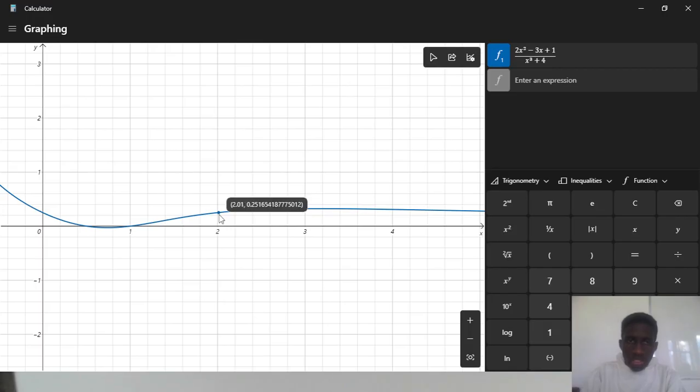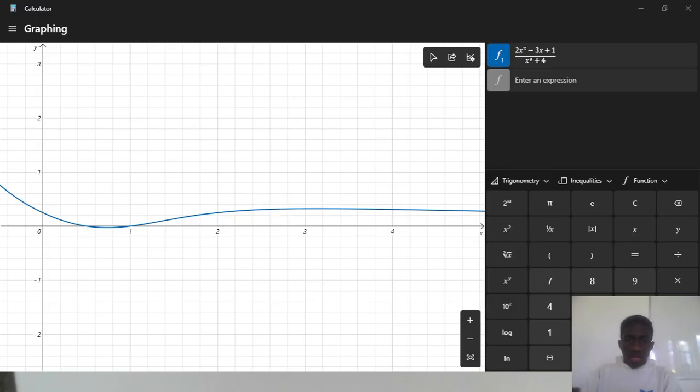The y coordinate changes to 0.25. So it's approaching 0.25 as I approach 2 from the right or from the left. So that's why the limit is 1 over 4, which is 0.25.